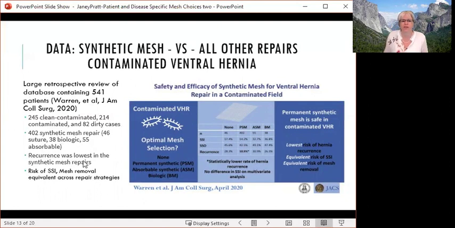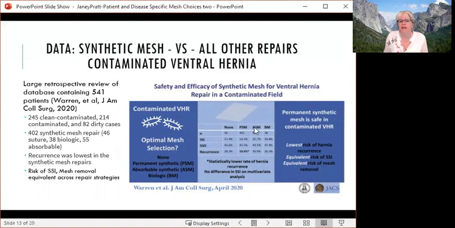What they found is that recurrence was lower in the synthetic mesh repair, as you would expect, but also the risk of surgical site infection and mesh removal was equivalent across all repair strategies. So it looks like there is no reason to use a biologic or a suture repair or absorbable. Now, this is a retrospective study, so take this with a grain of salt.